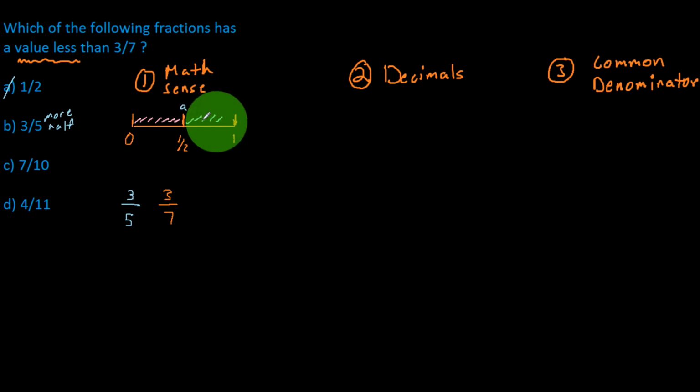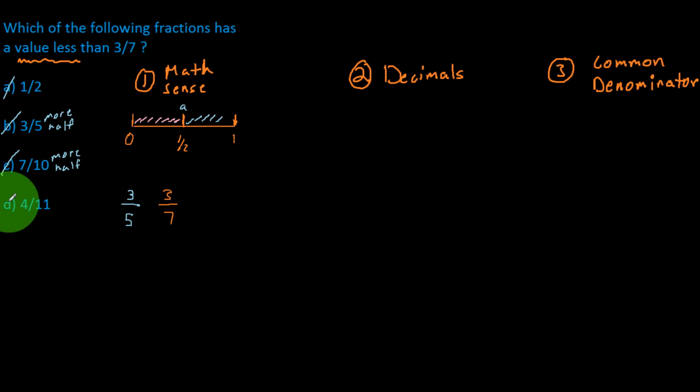Therefore, since 3/5 lands somewhere in this area, it won't work because it's larger than the pink shaded area. So I'm going to cross that off as well. It's not B. The same thing with C. C is more than half. 7 is more than half of 10. So I'm going to write more than half here. And that means that 7/10 lands somewhere between the halfway mark and 1. So I can cross C off.